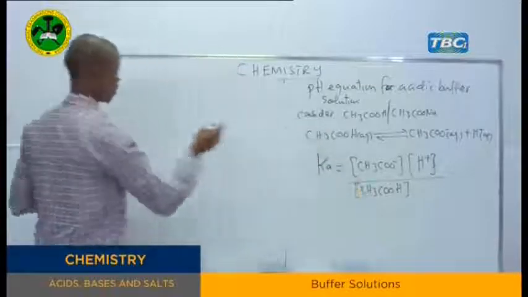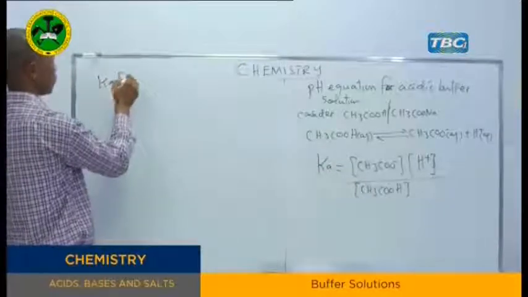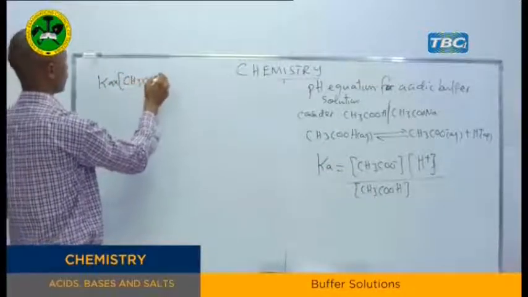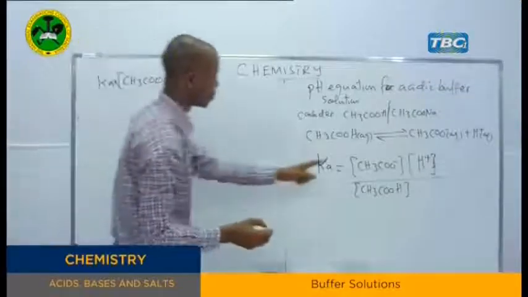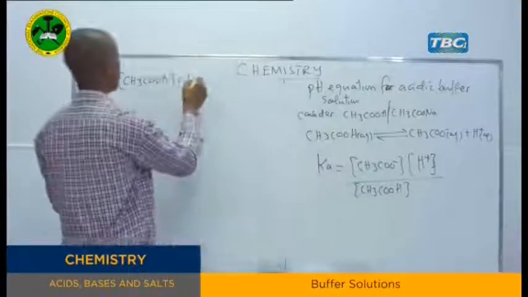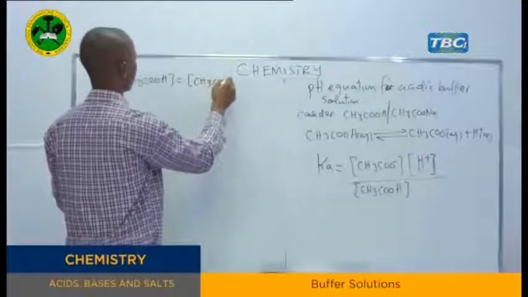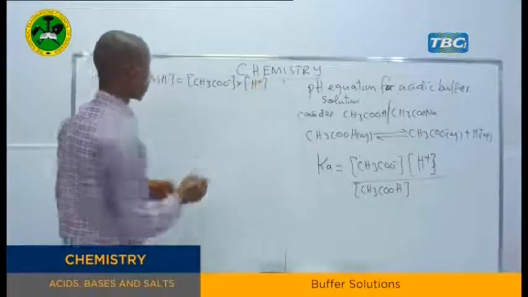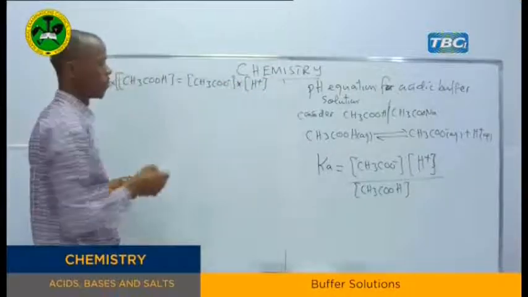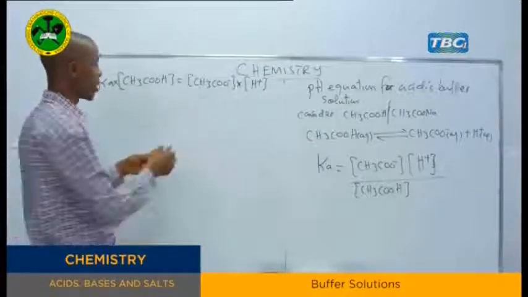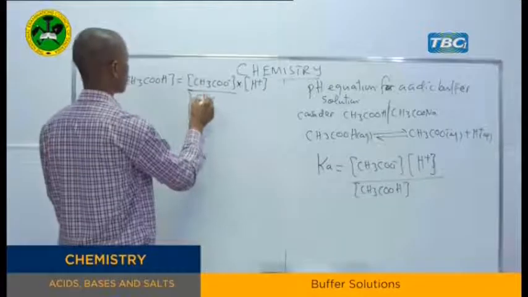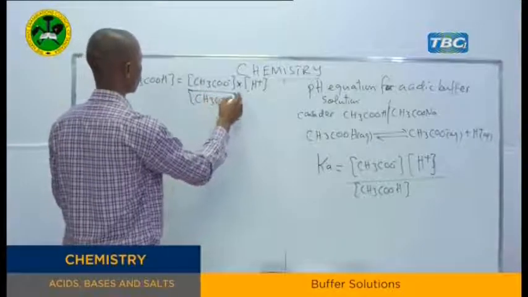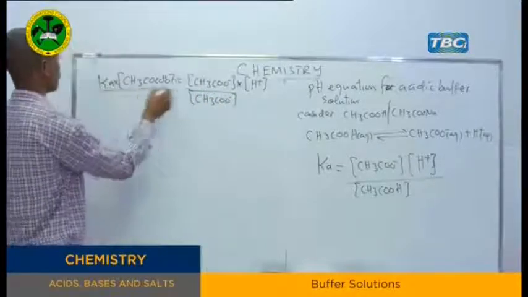You multiply that side, and we are going to remain with the concentration of hydrogen ion. So to remain with the concentration of hydrogen ion, that means you divide both sides by the concentration of acetate ion.